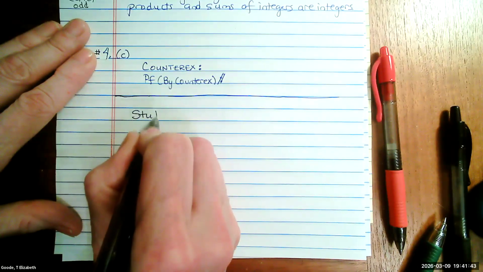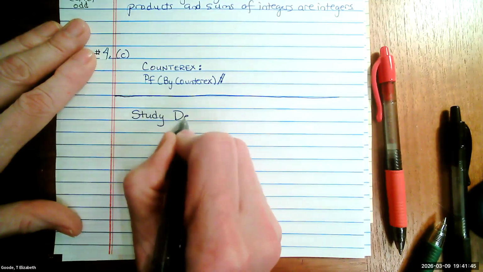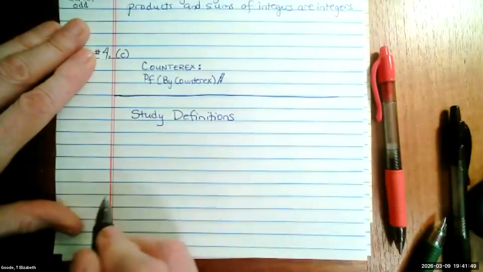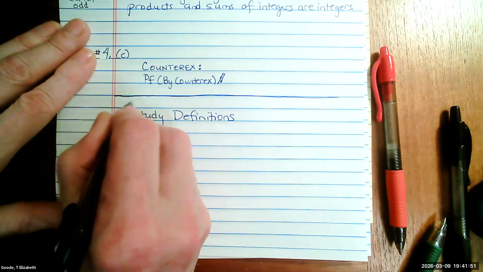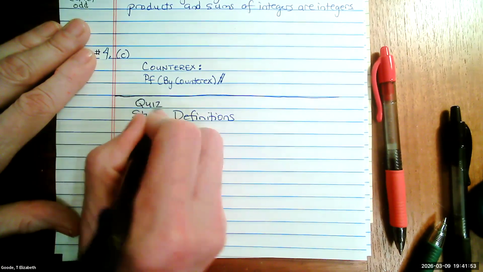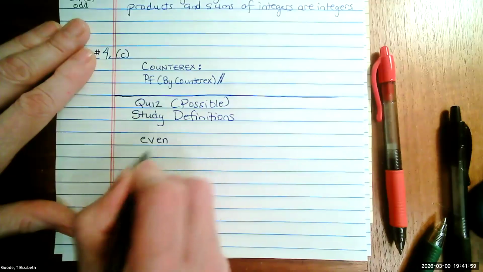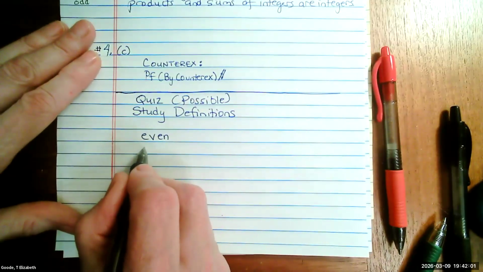I'm just... Well, study. What did we learn new? Definitions. So let's just think about our definitions for a possible quiz. Well, we have the definition of even, and what else? Odd.